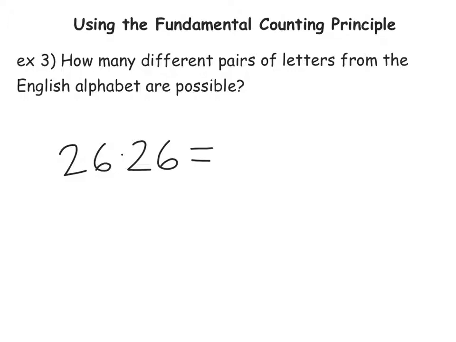That's the counting principle. 26 possibilities for the first letter, 26 for the second. That would give you 676 different pairs of letters that you could get.